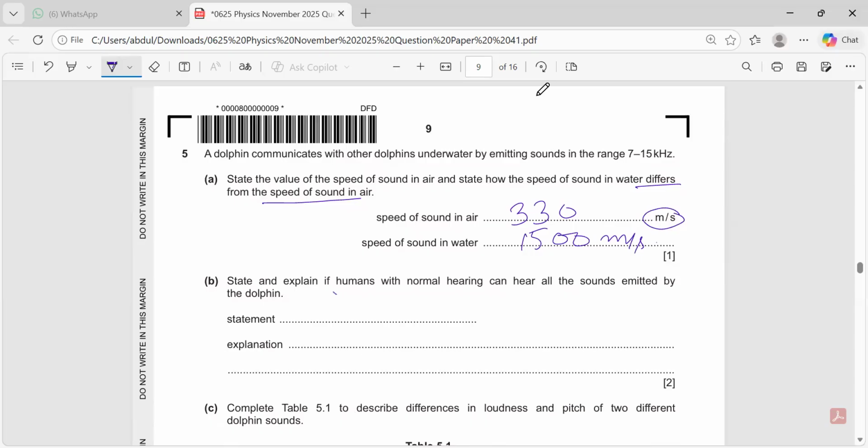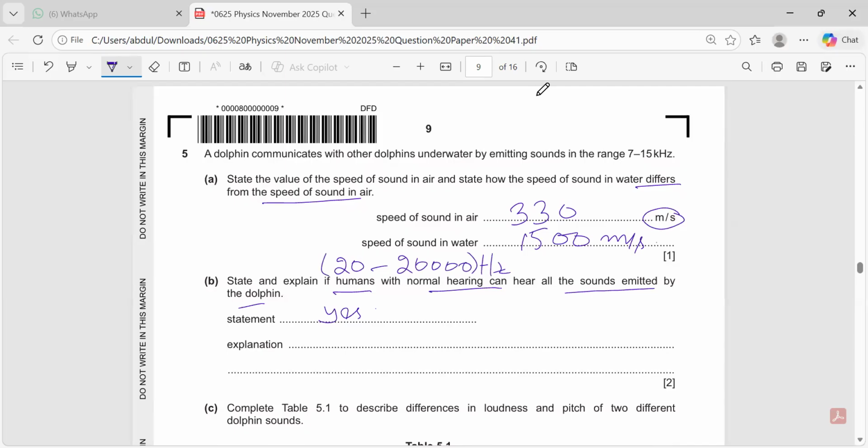State and explain if humans with normal hearing can hear all the sounds emitted by the dolphin. Yes. The reason: it is from 7,000 to 15,000 hertz, and you know, for humans, the hearing range is from 20 to 20,000 hertz. So this is within the range.